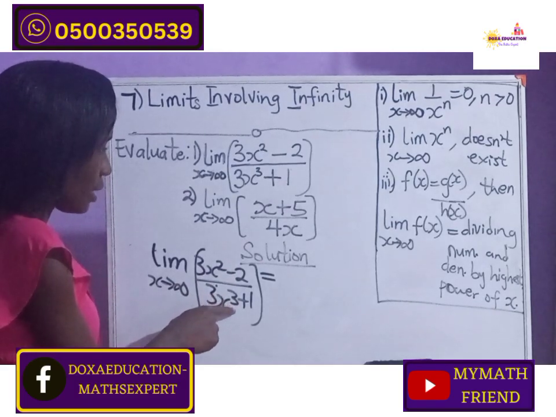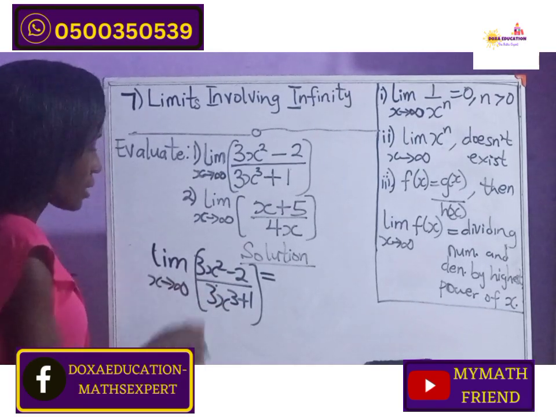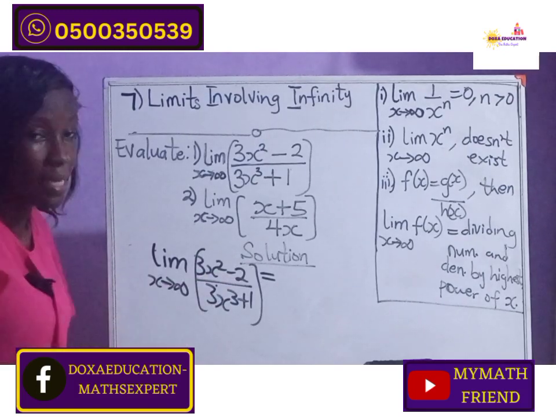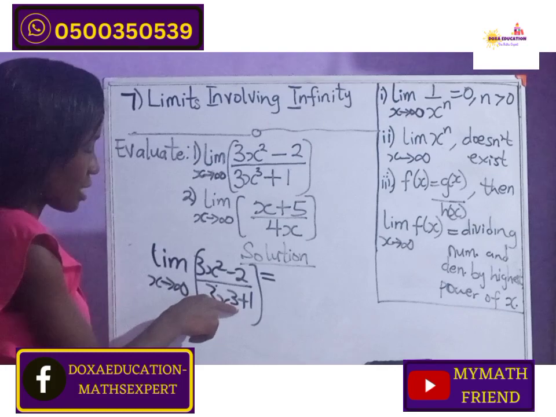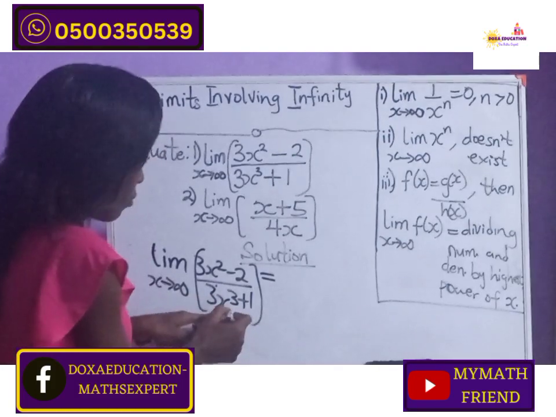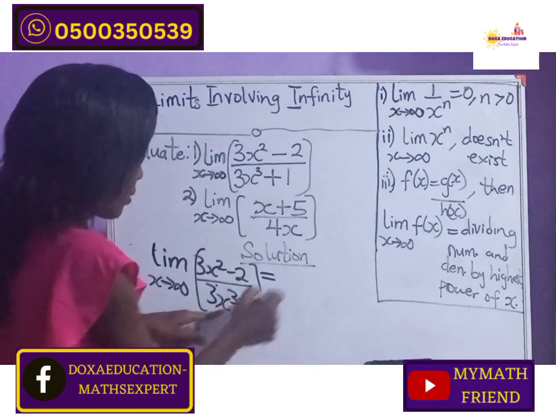So in this case, you divide both the numerator and the denominator by the highest power of x, which is 3. So we divide by x to the power 3.